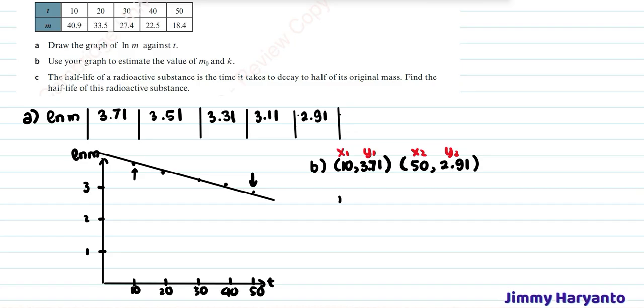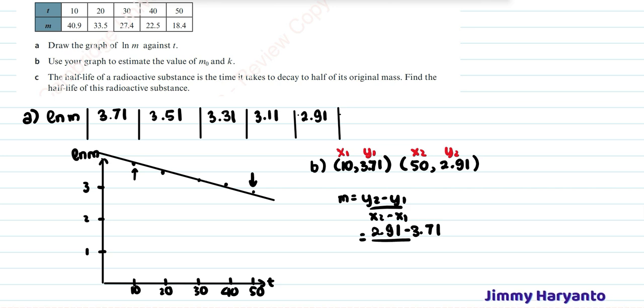Okay, second step, we have to find the gradient. Gradient equals y2 minus y1 over x2 minus x1. Just input the numbers. We have 2.91 minus 3.71 divided by 50 minus 10, and the result of this one is negative 0.02. So this is our gradient.